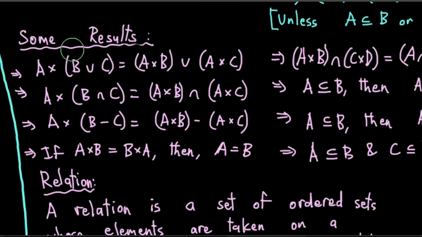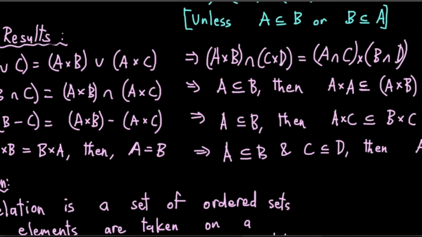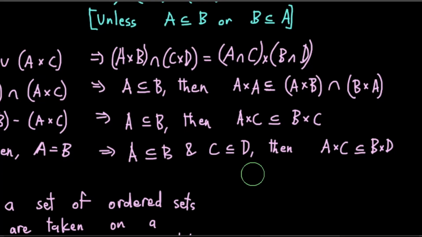And if A into B is equal to B into A, that is, the Cartesian products are the same, then most definitely A is equal to B, right? Because there is no other way possible, right? And A into B intersect C into D is the same as saying A intersect C into B intersect D, right? And if you want to go ahead and prove all these results, be my guest, I don't care, probably good for you though.